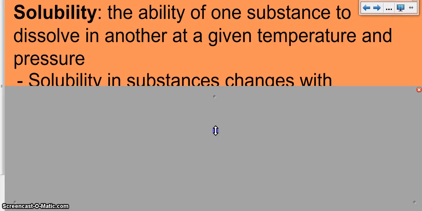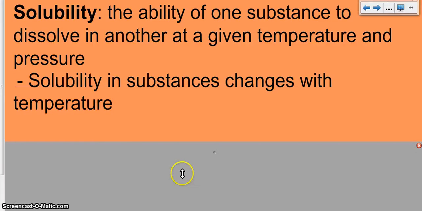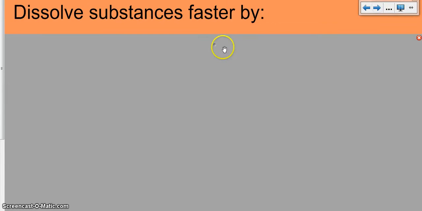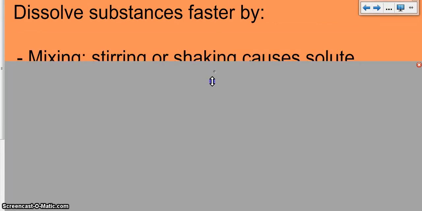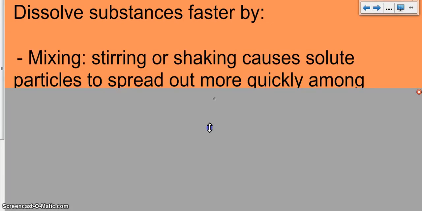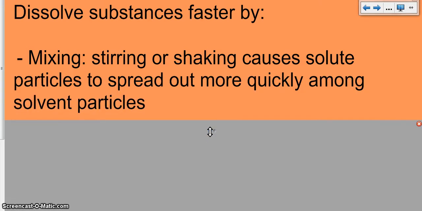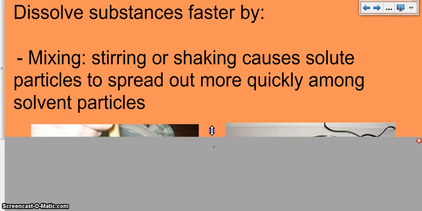There are going to be 3 different ways that we're going to talk about to improve the ability of a solvent to dissolve a solute. You may dissolve substances faster by mixing. Stirring or shaking causes solute particles to spread out more quickly among solvent particles.